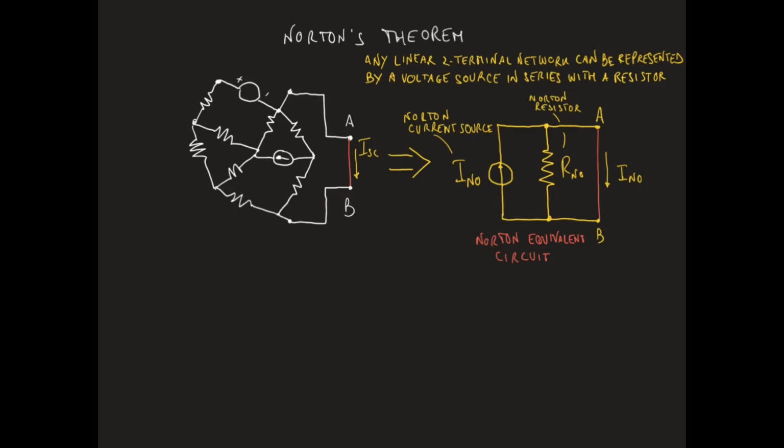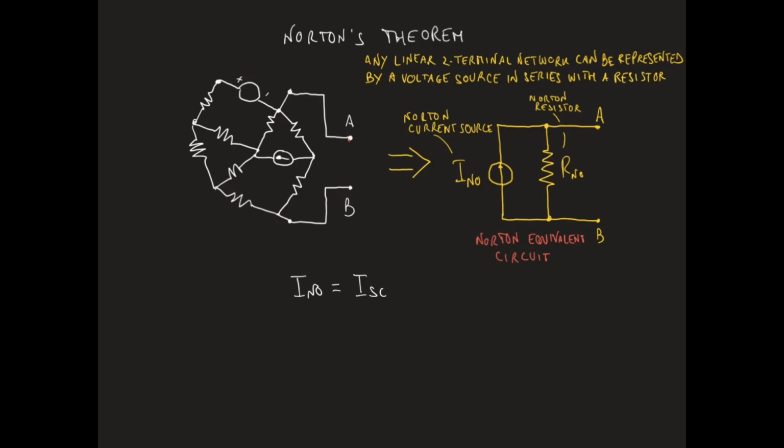Therefore, the current generated by the Norton current source, I_NO, will be given by the short circuit current in the starting network. What about R_NO, the Norton resistor?